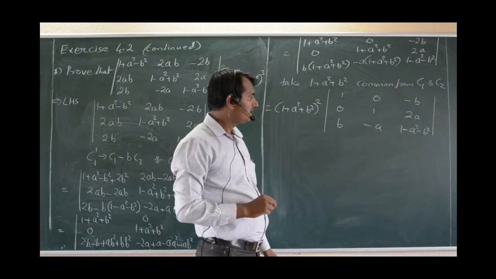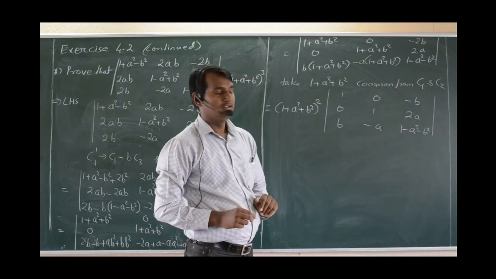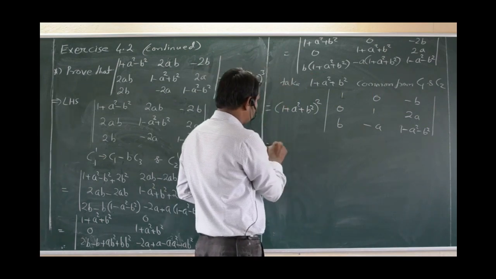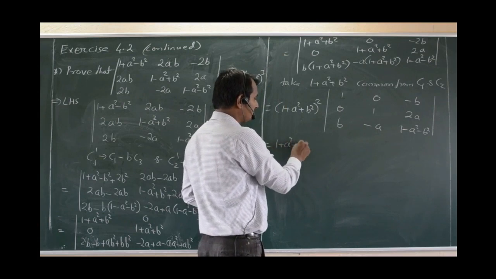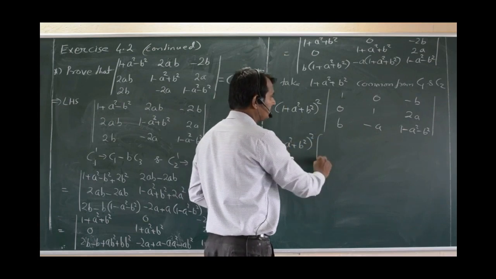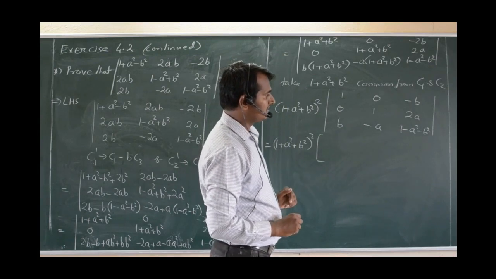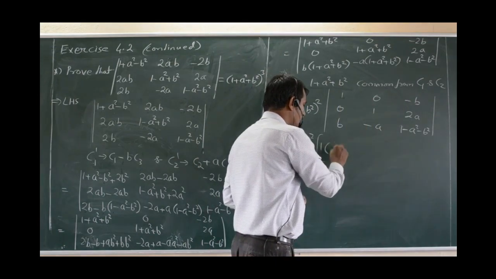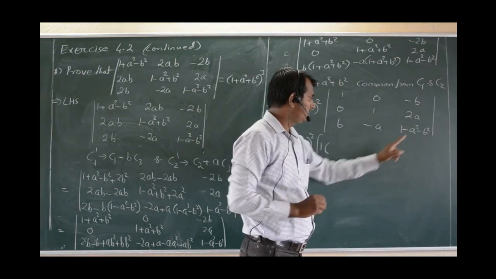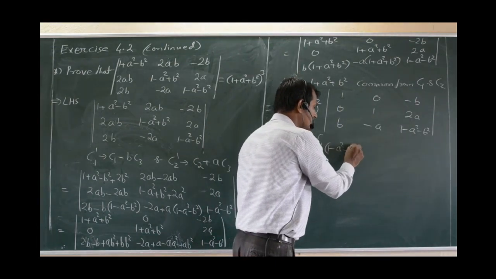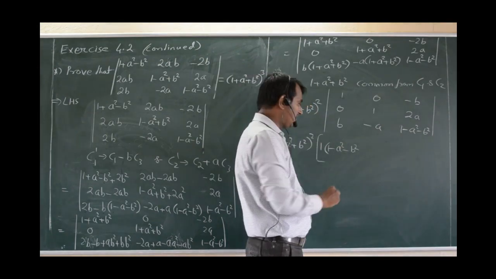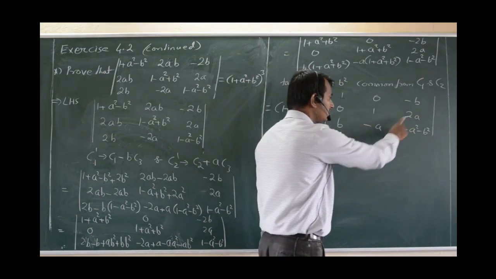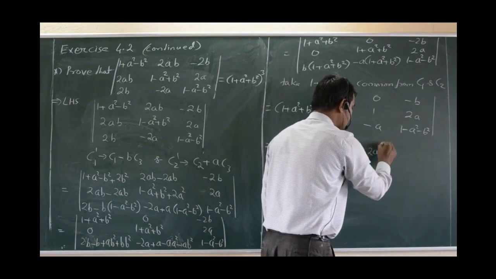You can expand directly and find the value. How do we get it? It is equal to 1 plus a square plus b square whole square in the bracket. How can we expand here? Expanding along R1, 1 into the whole value, that is 1 minus a square minus b square, minus of multiplying these two terms, minus into minus we get plus, a into 2, 2a square we get.